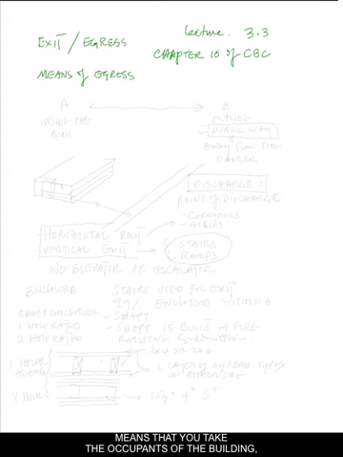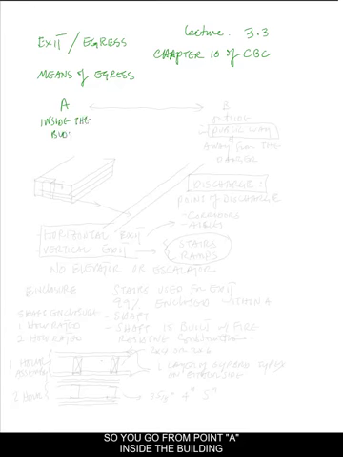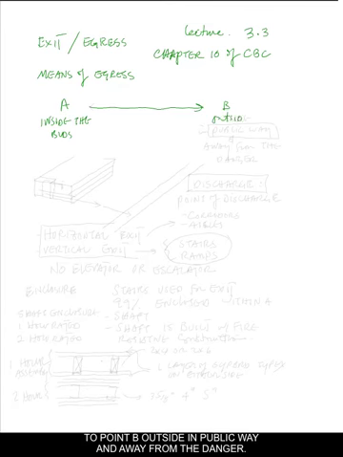Means that you take the occupants of the building from point A inside the building to point B, which is outside of the building, in a public way and in a safe area. So you go from point A inside the building to point B outside in public way and away from the danger.